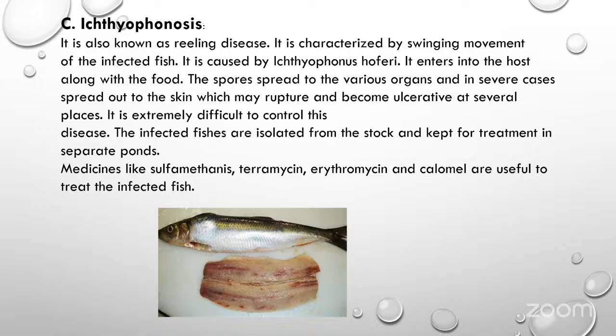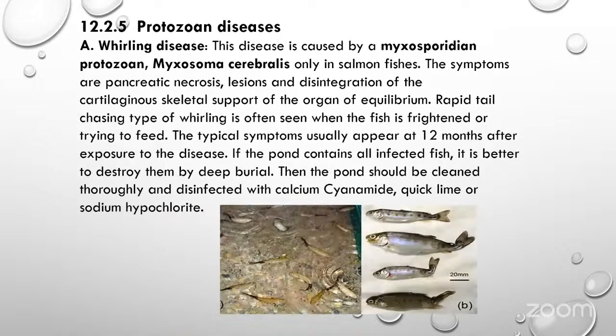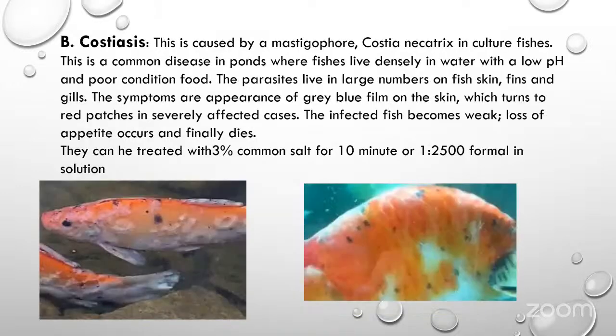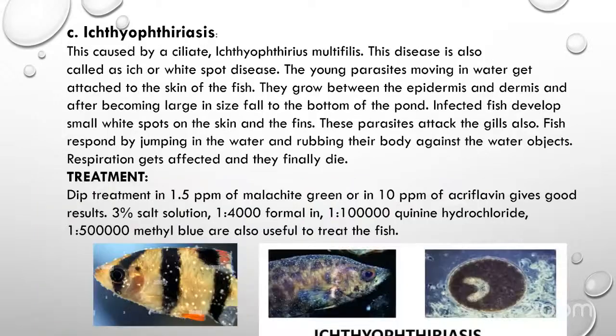Ichthyophonosis, the causative organism, treatment, and the symptoms are also given. Then few protozoan diseases: whirling disease, causative organism, symptom, and the treatment. Then costiasis, causative organism, symptom, and the treatment. Ichthyophthiriasis, symptoms, and the treatment.